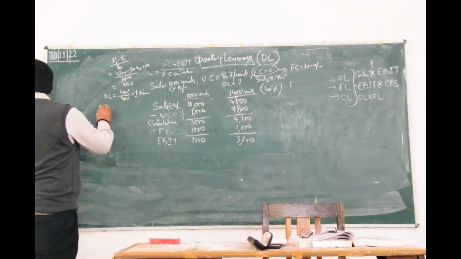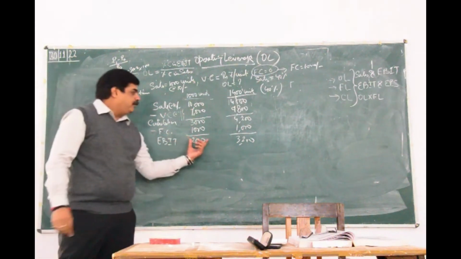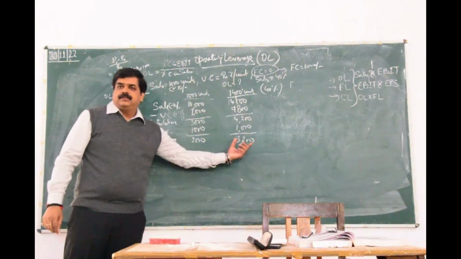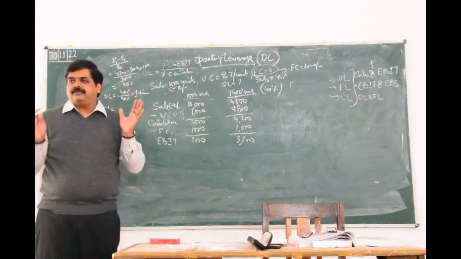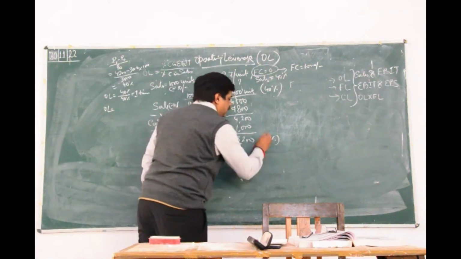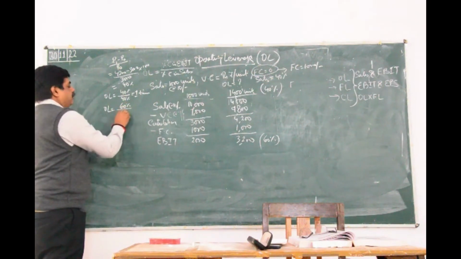Again, you calculate the operating leverage. Percentage change from 2000 to 3200 is approximately 60%. That means 60% upon 40%.